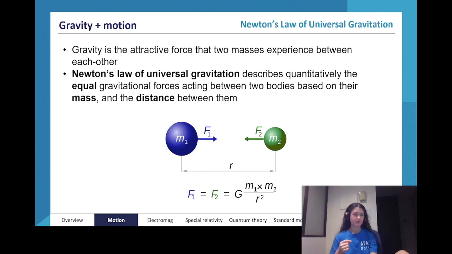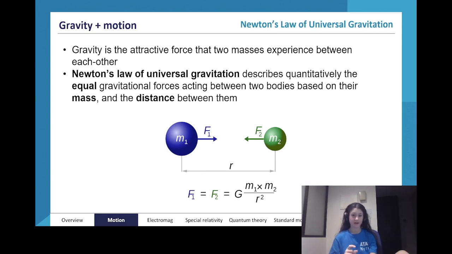The reason that the force exerted by both bodies is going to be the same regardless of their mass is because, remember one of Newton's laws, every action has an equal and opposite reaction. So the forces exerted by the two masses are going to have the same magnitude.